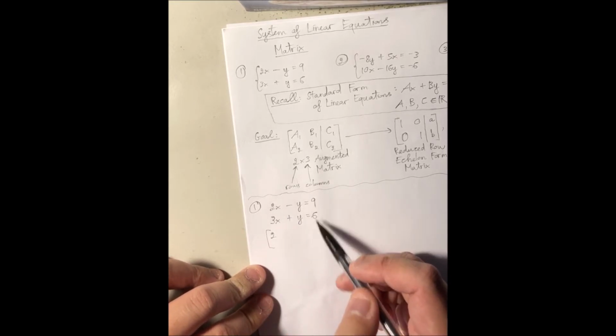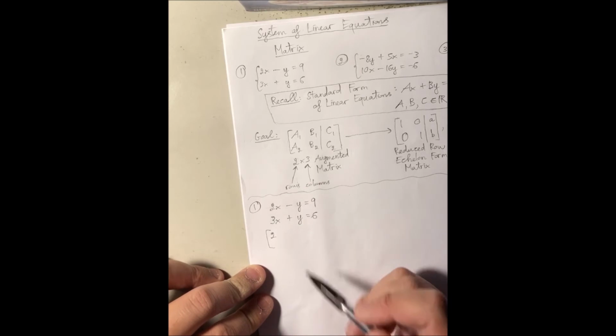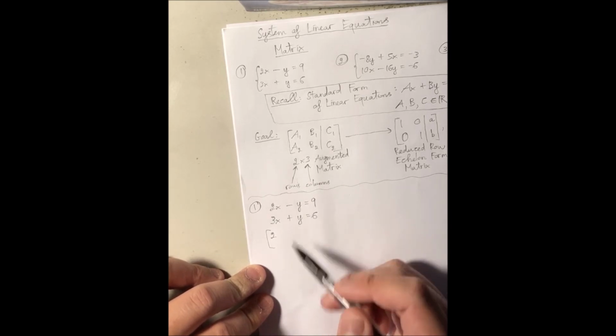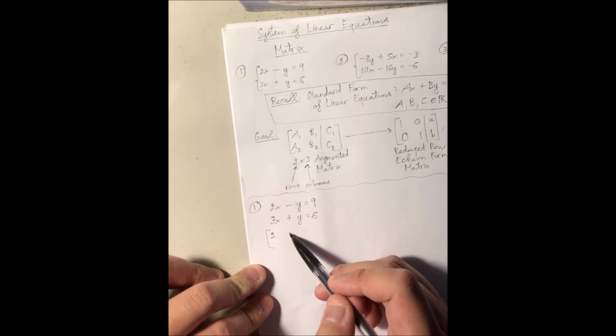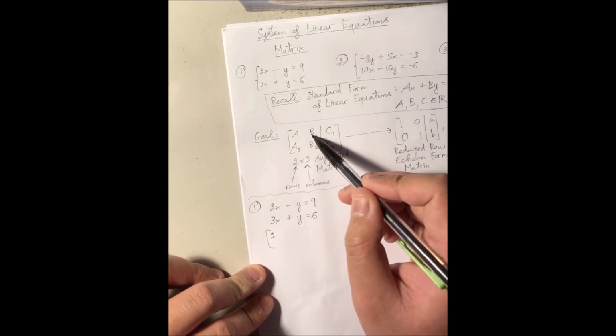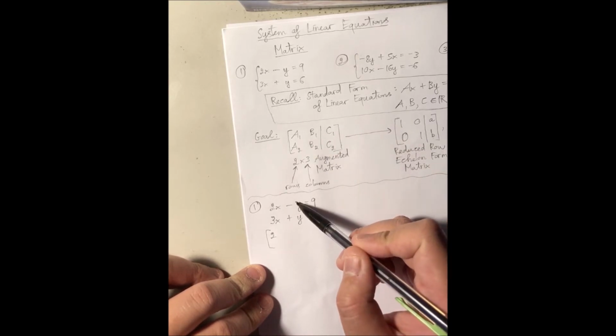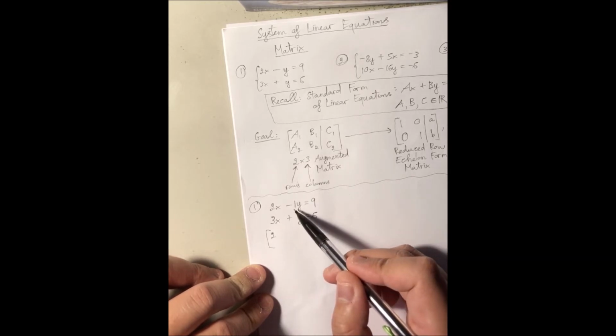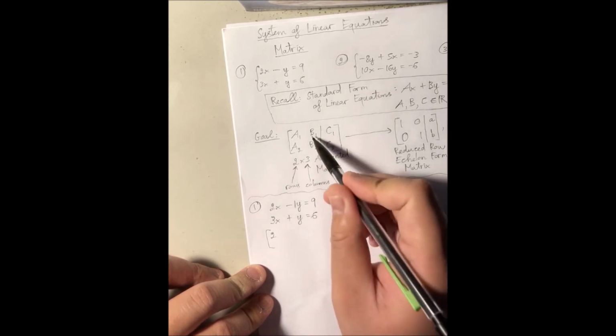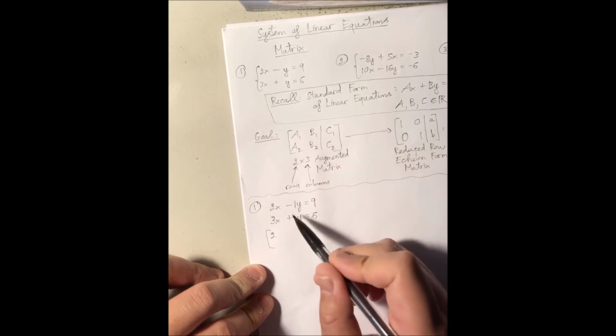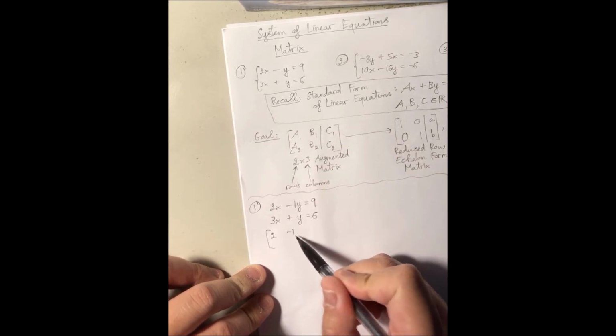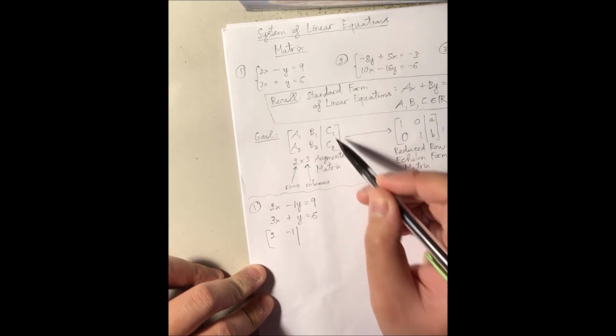And since these two equations are already in standard form, by the way, we can go ahead and start setting up the augmented matrix. And the next coefficient, capital B sub 1, which is the coefficient that goes with the y, so that's the invisible negative 1 in the first equation. So capital B sub 1 up here is a negative 1. Capital C sub 1 is the 9.